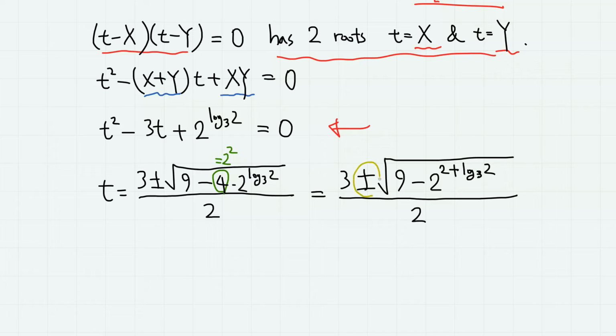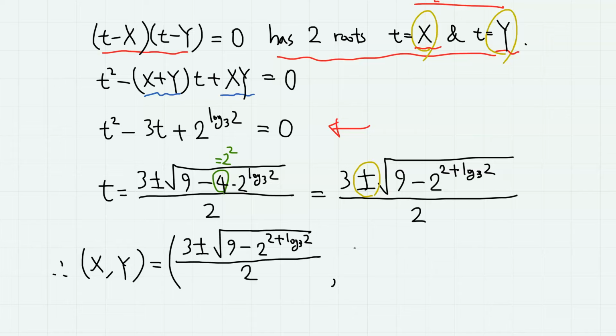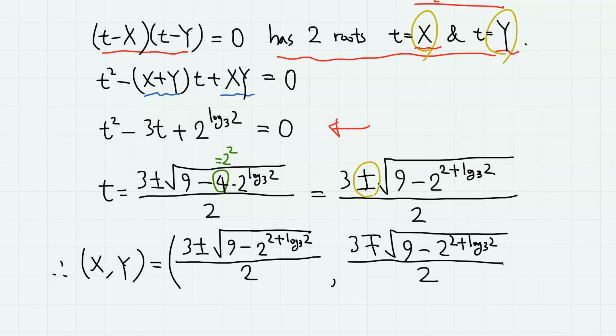So we have two roots, two possible values for t, which are capital X and capital Y. Therefore, capital X, capital Y equals this and 3 minus plus square root of this over 2. So if X takes the plus sign, then Y has to take the negative sign and vice versa.